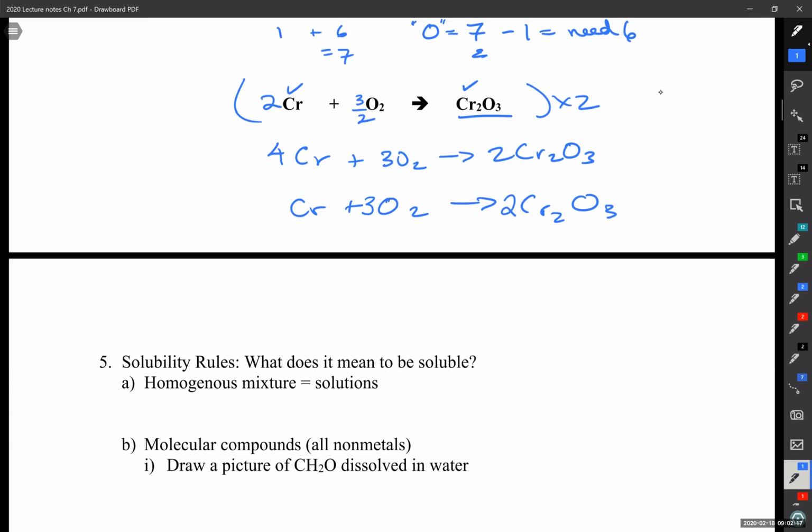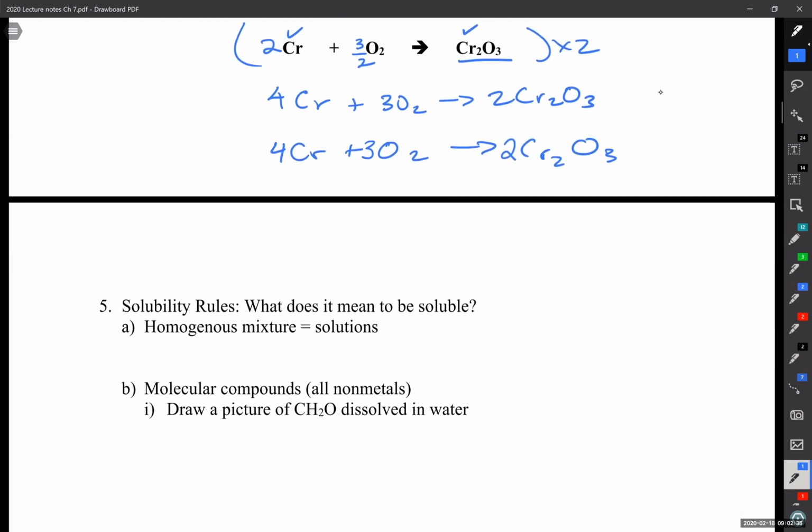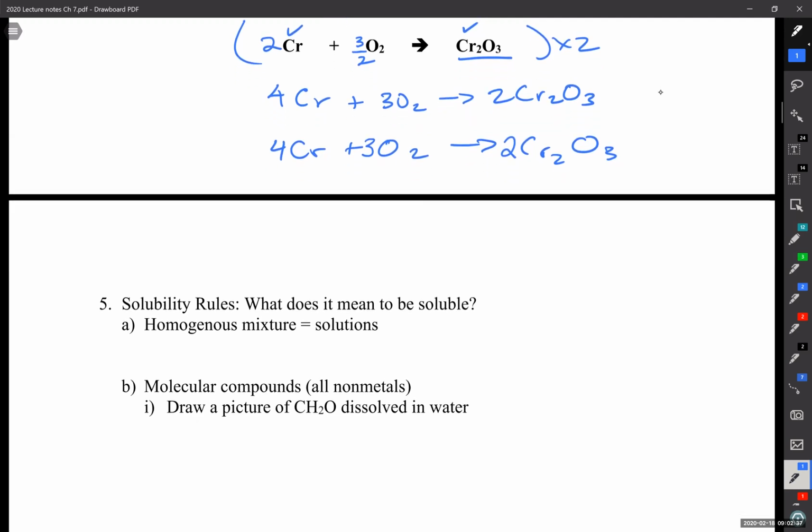Because the oxygens were in balance, so you could just cross those. And then you can just say you have 4, and then you do it. Yeah, I like that. Like I said, there's not one way to do these. And you notice we got the same answer, right? So that's cool. There are actually some reactions you have to balance like that. So it's good that you saw that.